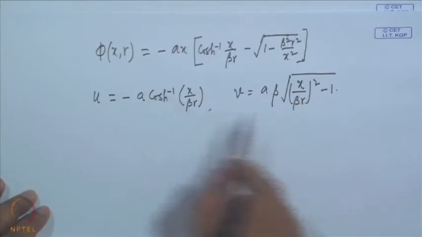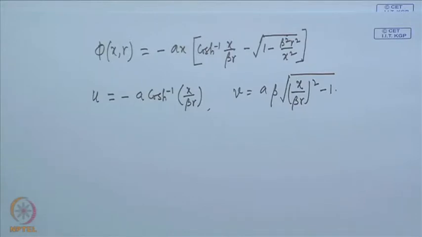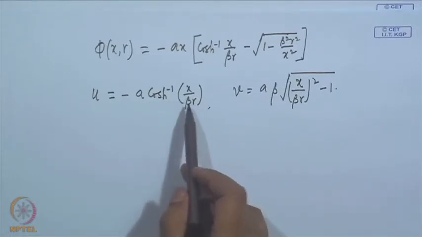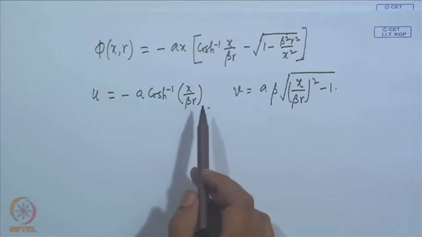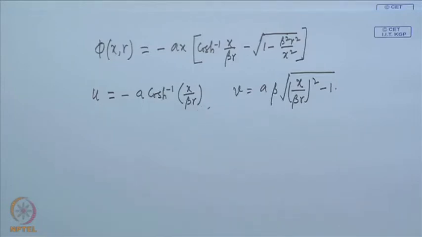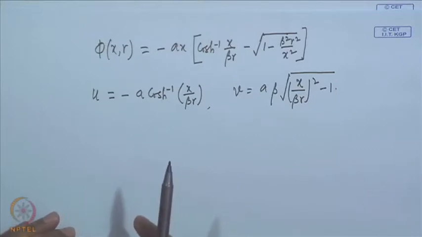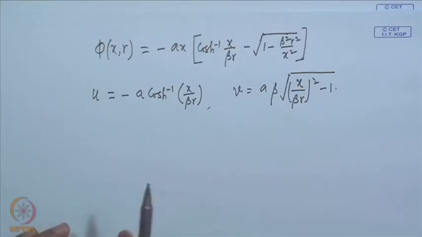So, you can see that both u and v are functions of x by beta r. And since beta is square root of M infinity square minus 1, a constant, you can see that u and v remain unaltered if x by r is constant. Now, x by r constant are basically radial lines originating from the origin.